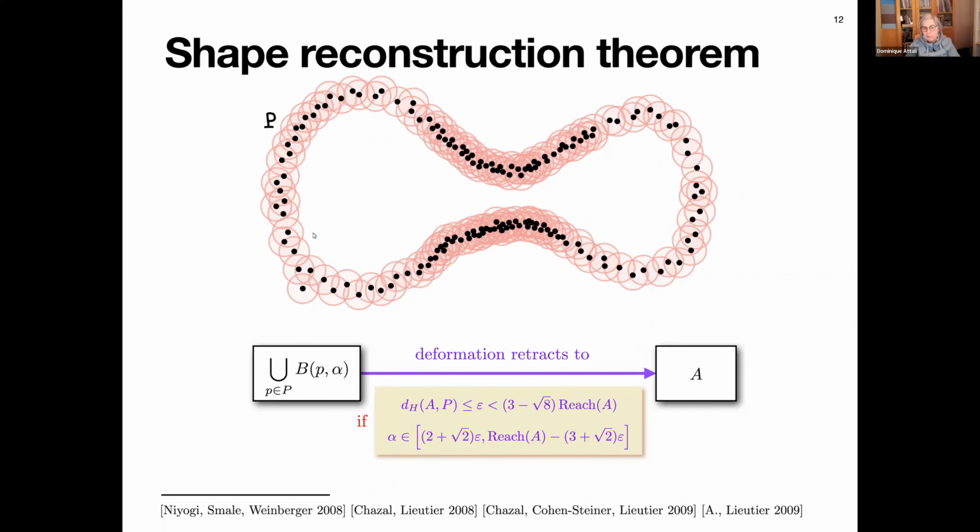So here the problem is that, okay, we have reconstructed, we have output a set, which is a union of balls, but this union of balls is not at all homeomorphic to the shape.